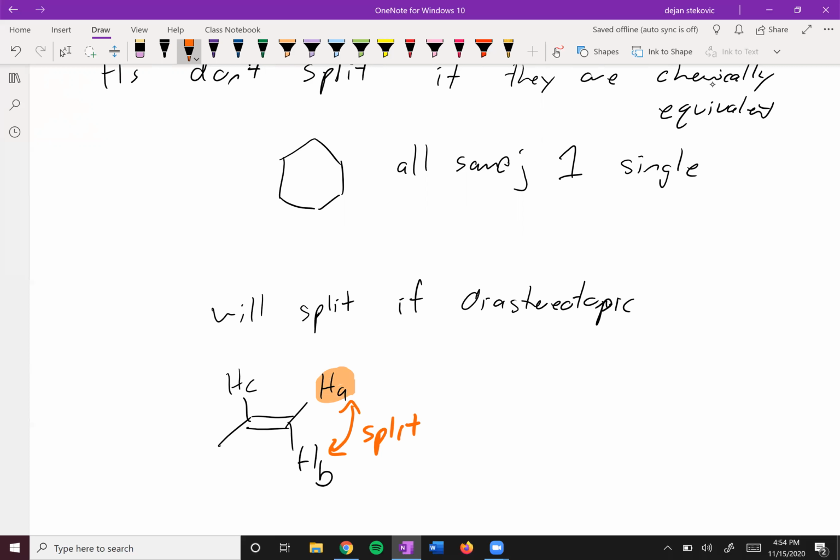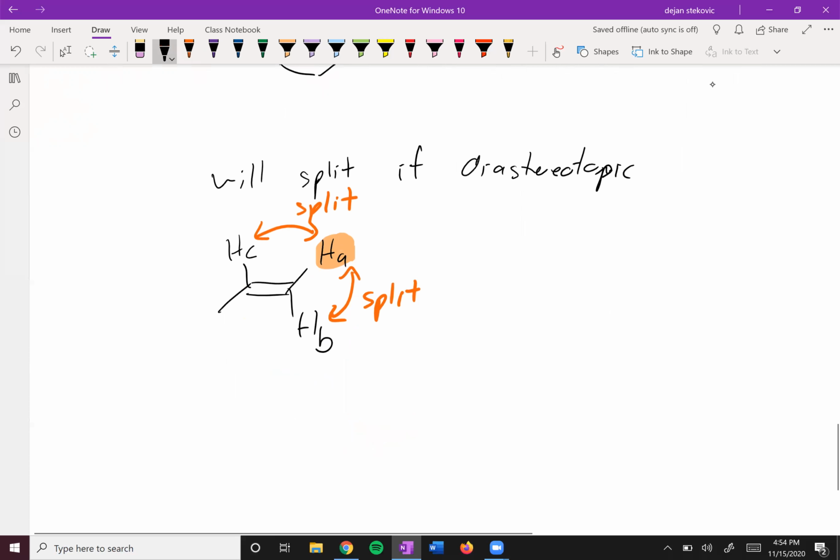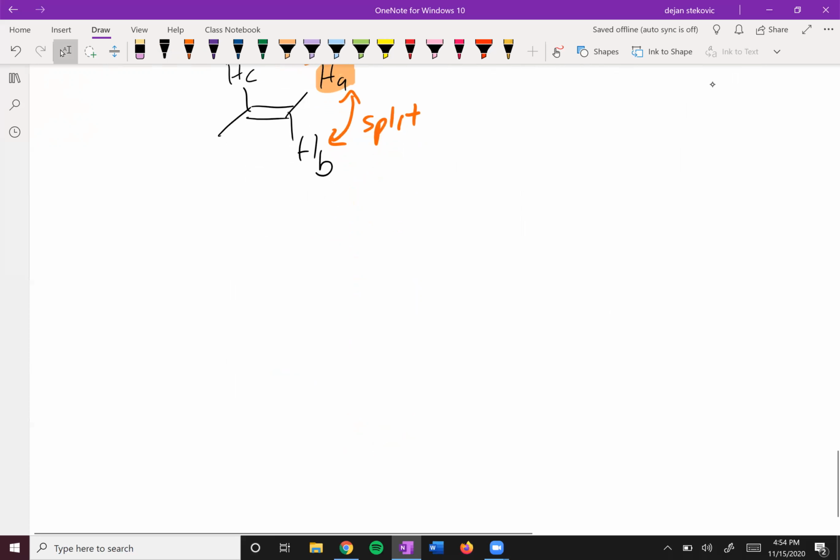And they can split even though they're only 2 bonds away. So it's, I guess, 2 to 3 bonds away, really. And then these 2 will also split as well, right? So that one will split with this hydrogen as well.